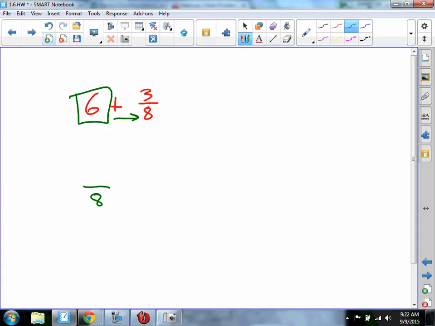To transform 6, we multiply it by 8/8, the multiplicative identity, which is equal to 1. If we multiply something by 1, it doesn't change its value. So we would have 8 times 6, which is 48, over 8 times 1, which is 8. If that doesn't make sense now, we will spend some time down the road on fractions. I don't know if that answered your question right now, but okay.